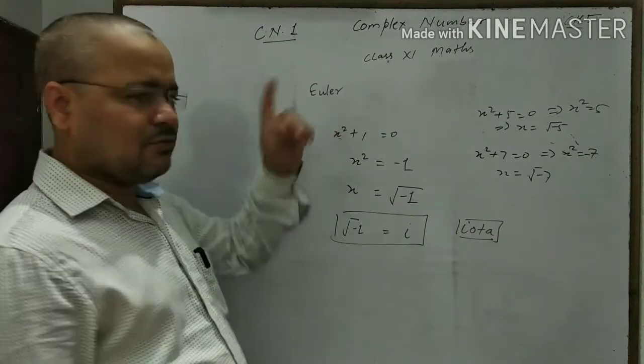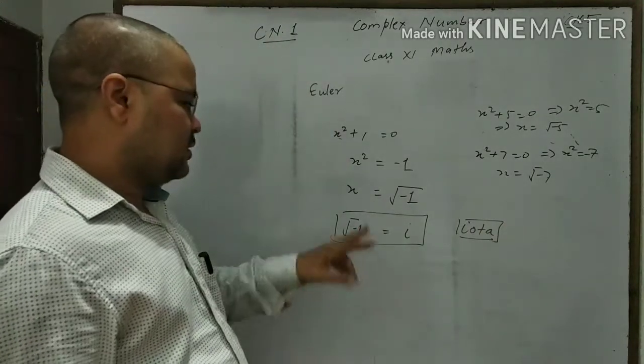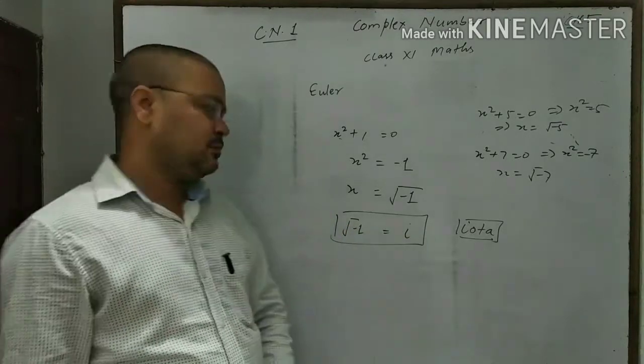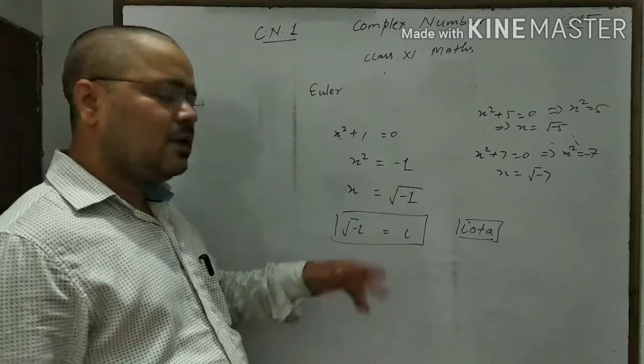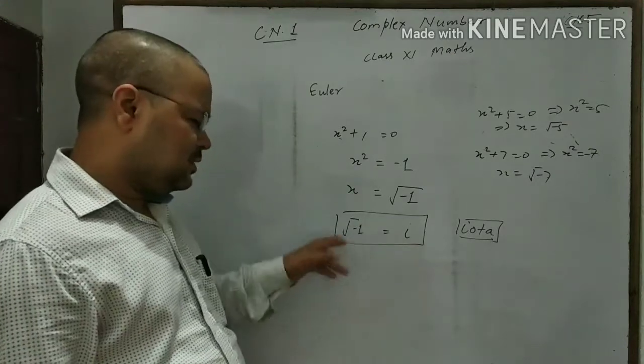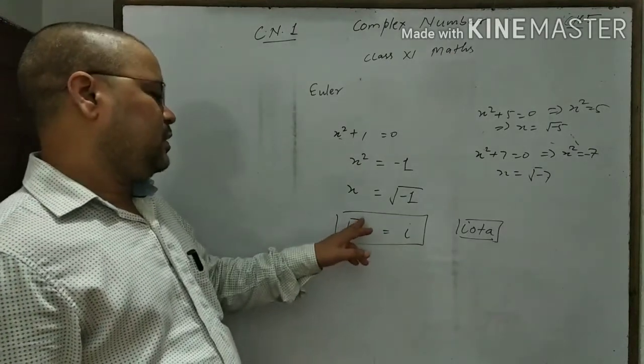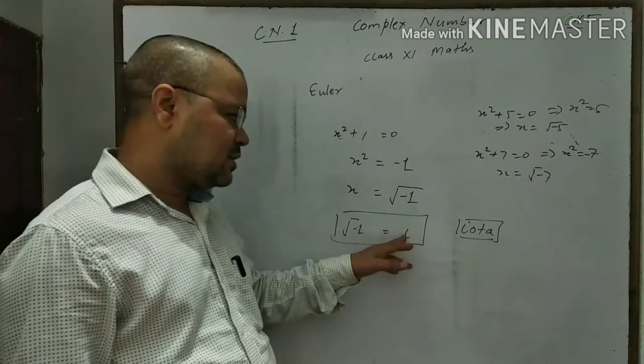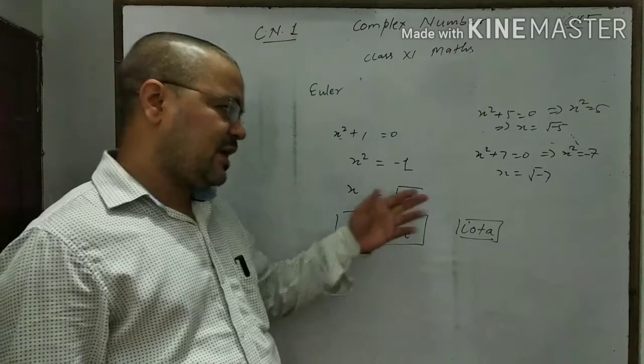Euler was the first one who gave the concept of the square root of a negative number. In this concept we take the square root of -1 and give it the name i, which stands for iota.